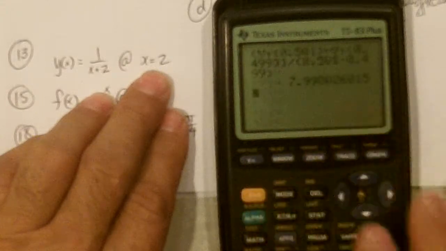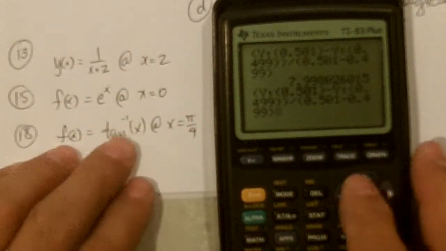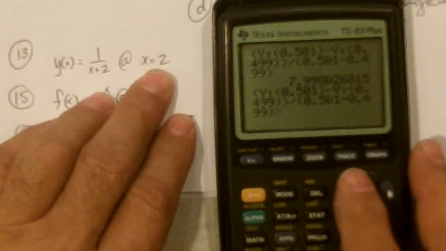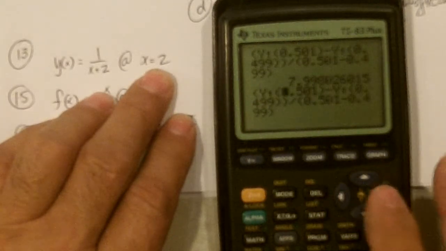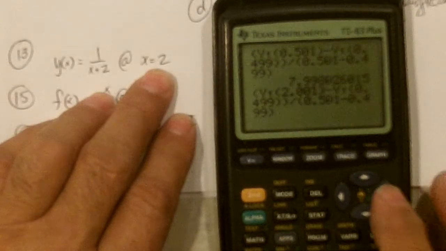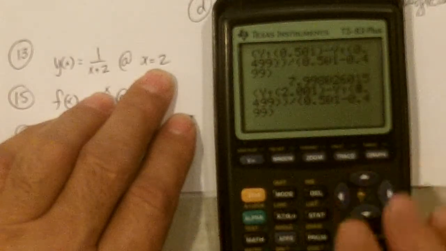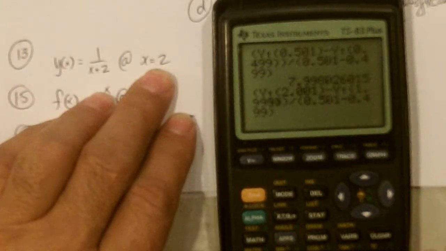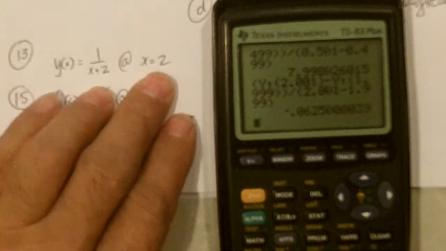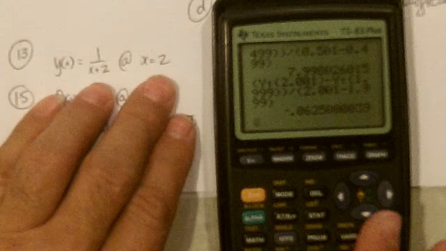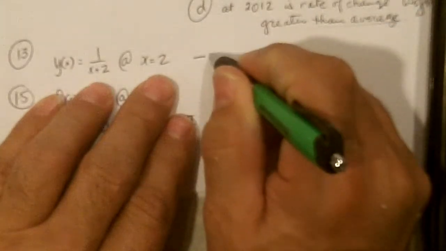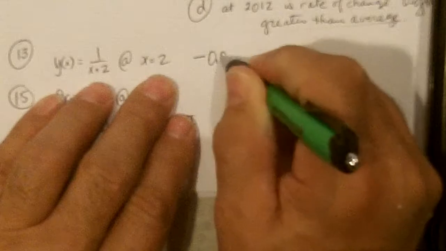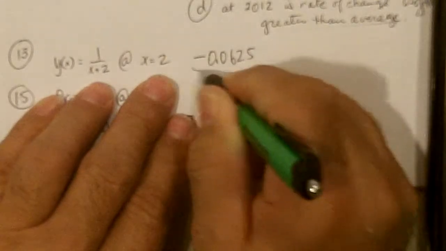So I'm going to go back to my home screen, second enter, and I'm going to put something just past 2, which should be 2.001 minus the y value at just before 2, which is 1.999, and then that's 2.001 minus 1.999, and enter, and I get an average rate of change on this one of about negative 0.0625.